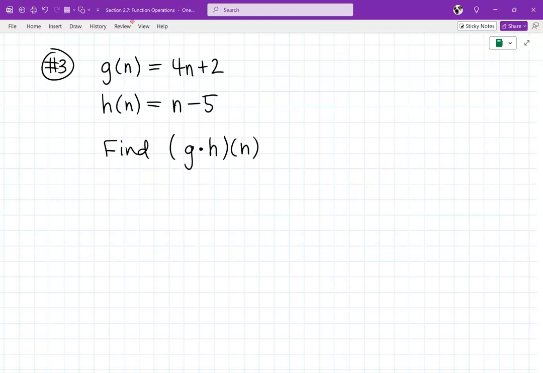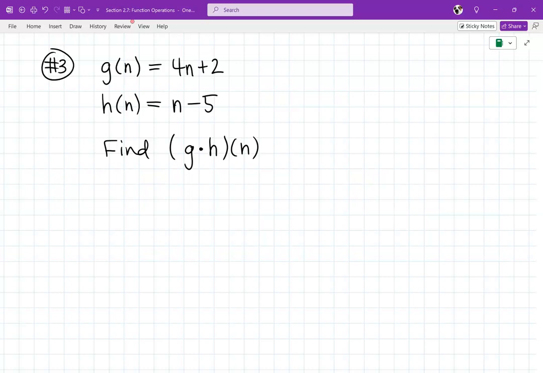So g of n is equal to 4n plus 2. H of n is equal to n minus 5.